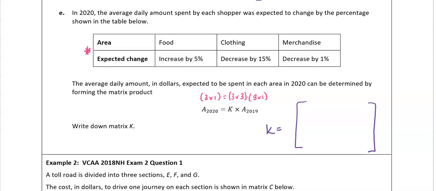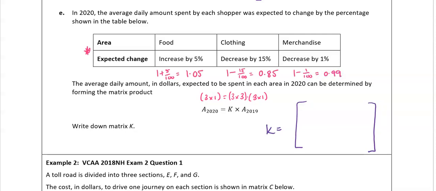If I'm increasing something by 5%, I'm doing 1 plus 5 over 100, which means I get 1.05. If I'm decreasing, I'm doing 1 minus, and this is by 15%, so 15 over 100 gives me 0.85. And then finally, my merchandise decreasing again by 1 over 100, so that gives me 0.99.